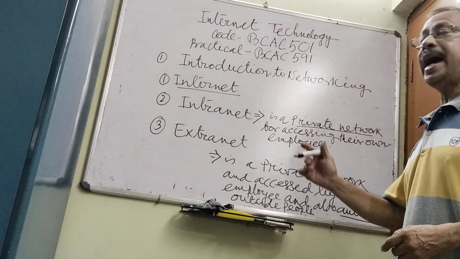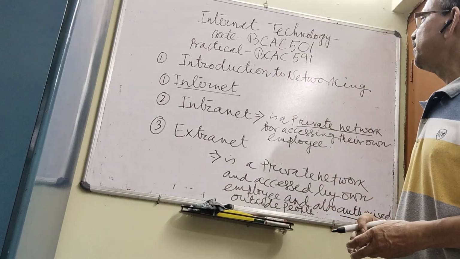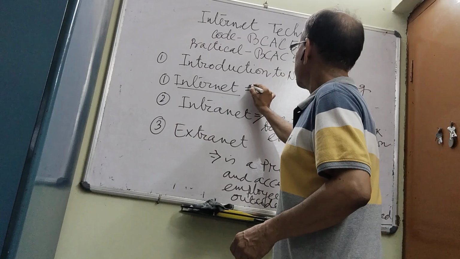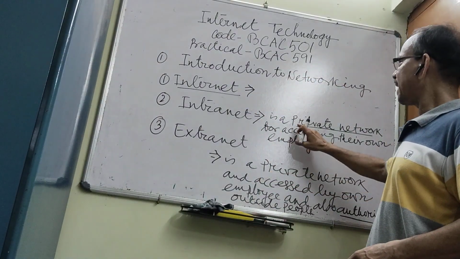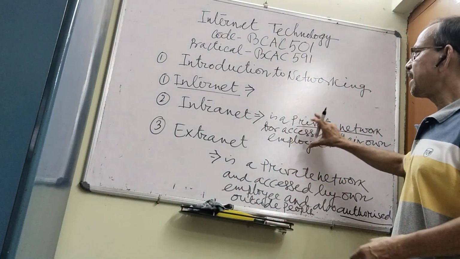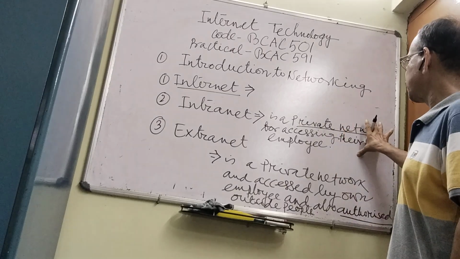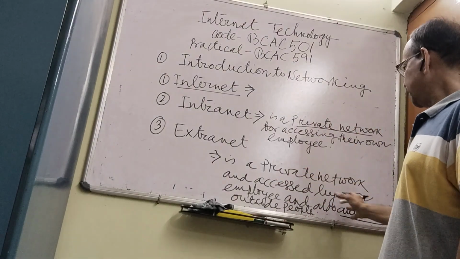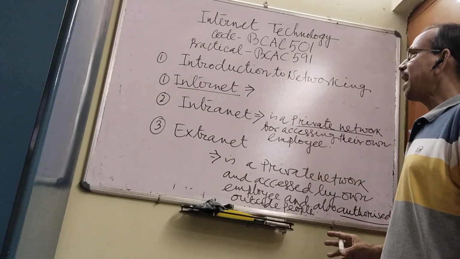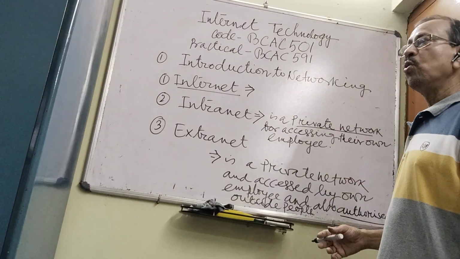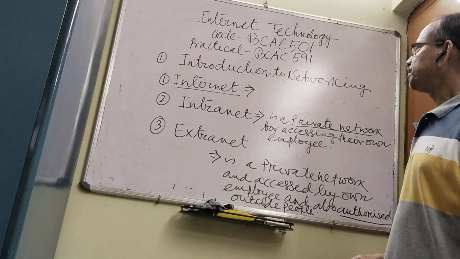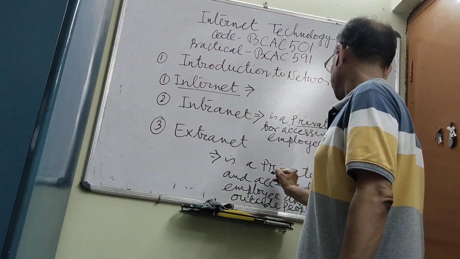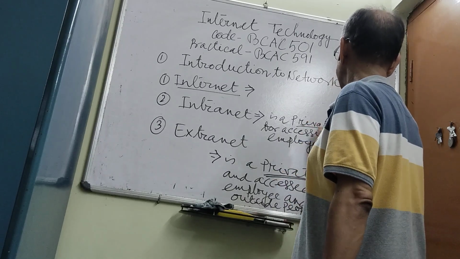And finally the internet. So I have already mentioned, each size is bigger than the previous. First, the small portion is the intranet, for example a LAN, and the extranet is also a LAN but accessed by other people. These are private.